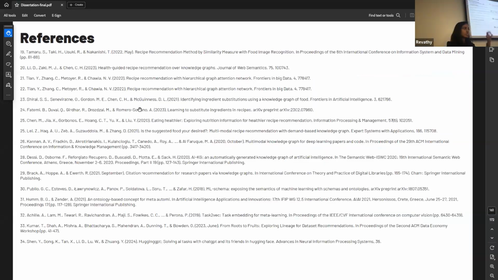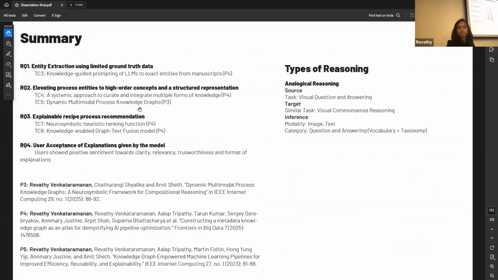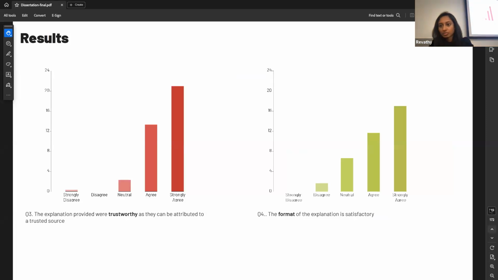The structured representation that we showed has the ingredients and cooking methods explicitly separated. So when we want to replace a particular ingredient in the recipe, it's very easy to identify the nodes where it is present, remove them, and add the additional node, looking at the compatibility with the cooking method. So that is the dynamic aspect, meaning that the ingredients and cooking methods can be modified and altered to make new recipes.